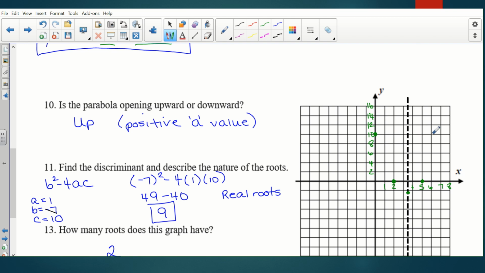Okay, a half, 1, 2, 3. I know that there should be another point here. You can also feel free to use your calculator if you would like to grab a table of values to help you. Oh goodness, I kind of missed that one there, sorry. All right, so there is our quadratic. Hopefully yours looks a little nicer.